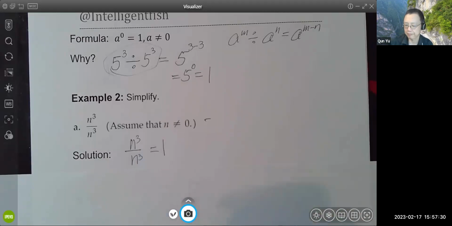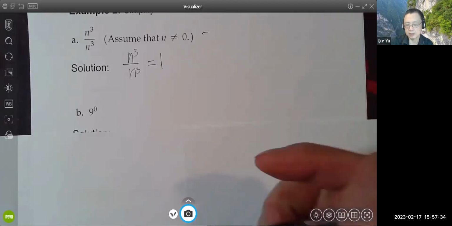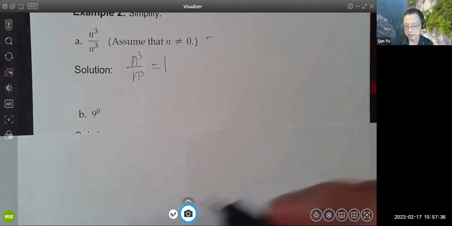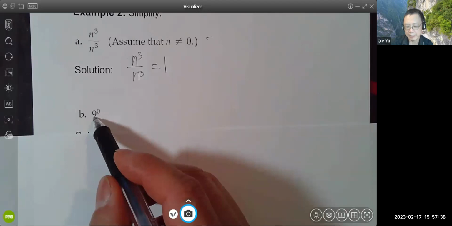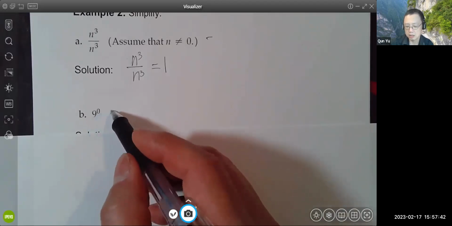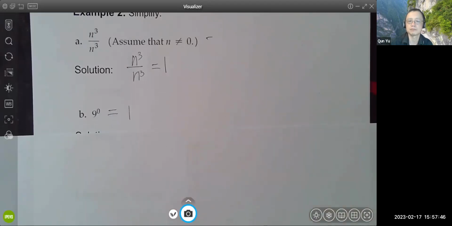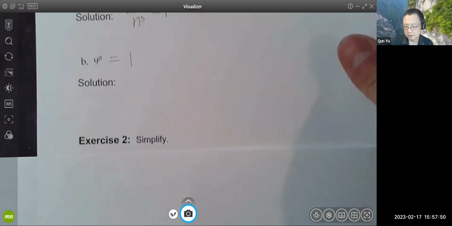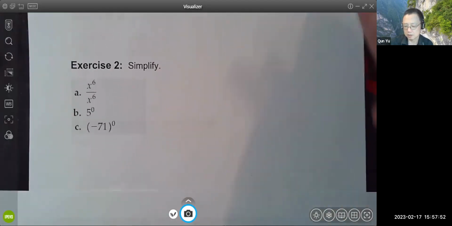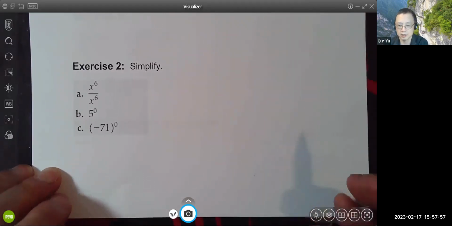That is 1. And part b, a very similar problem. This time we have a particular number instead of n. Doesn't matter. Something raised to the power of 0 equals 1 because it means something divided by itself. And that's it. This is your second set of exercise questions. Super easy, right?